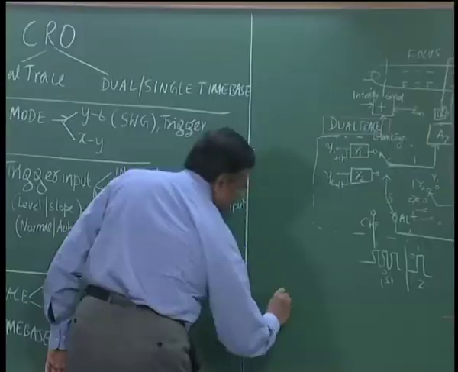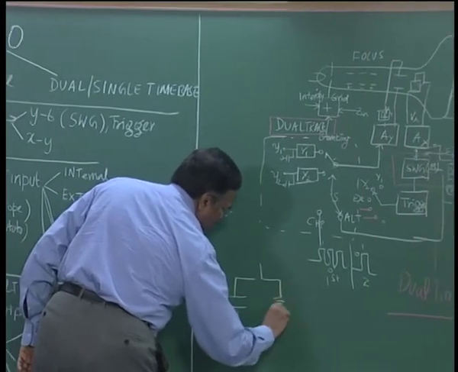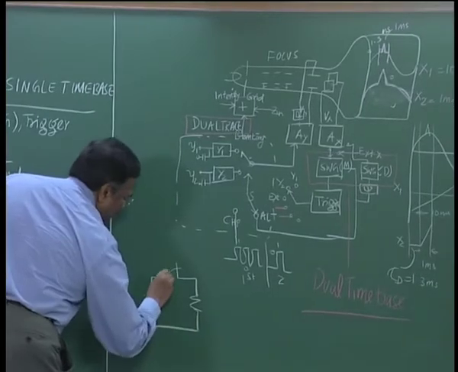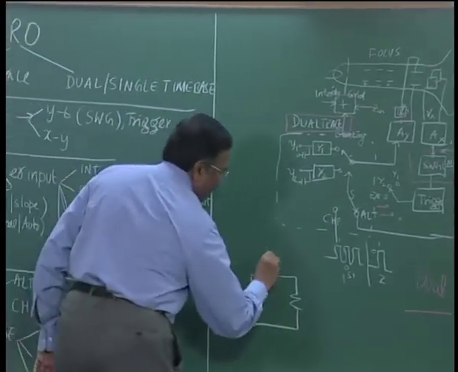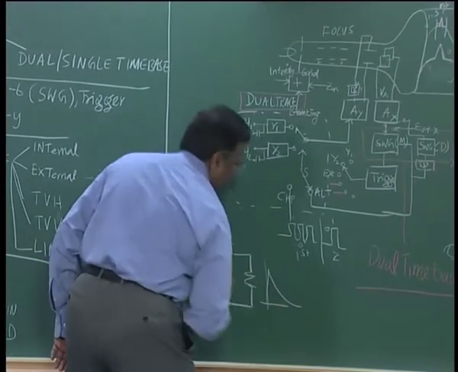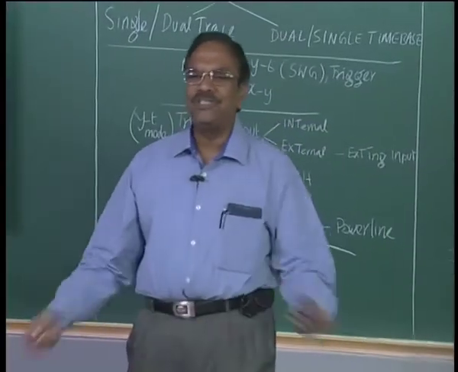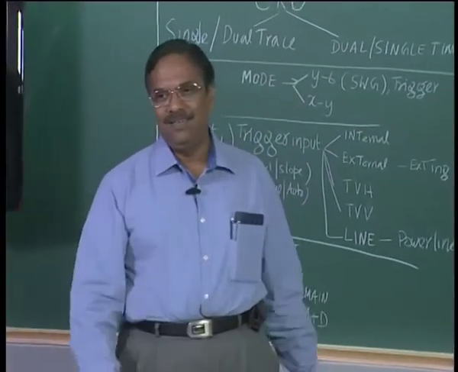If I have, let us say, a capacitor, I put a switch and then I close the switch at time t equal to 0, then I will get a signal something like this. All of us know it would not be possible to see it on a conventional oscilloscope.